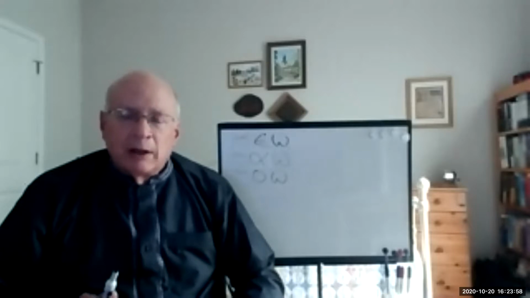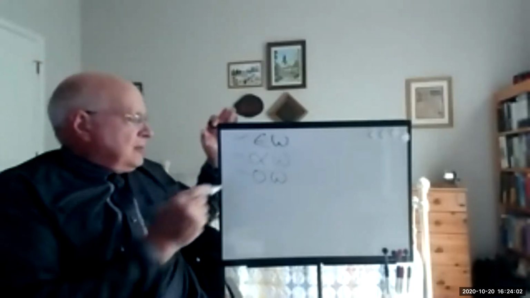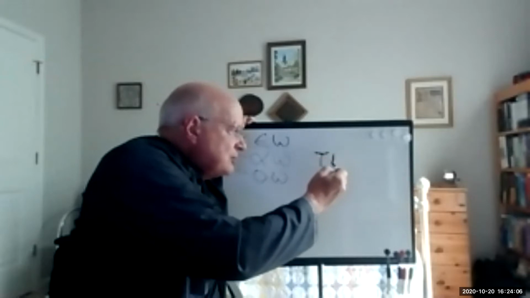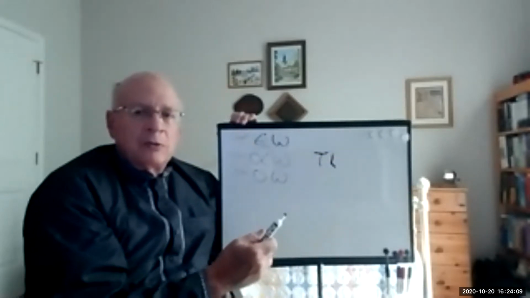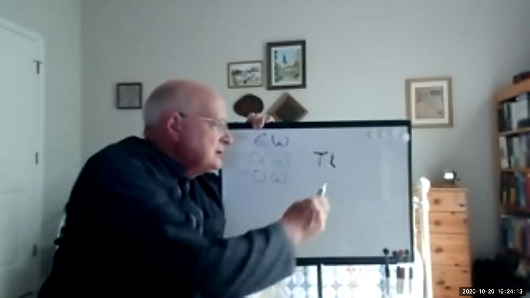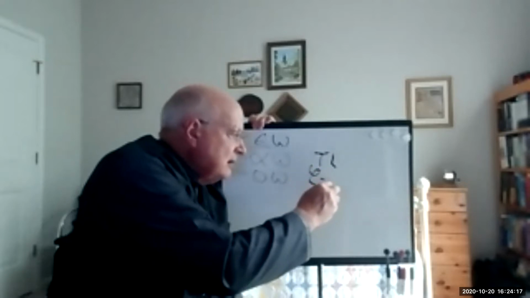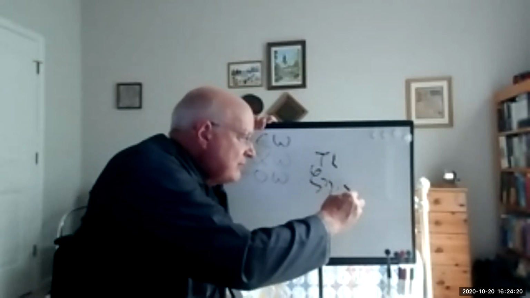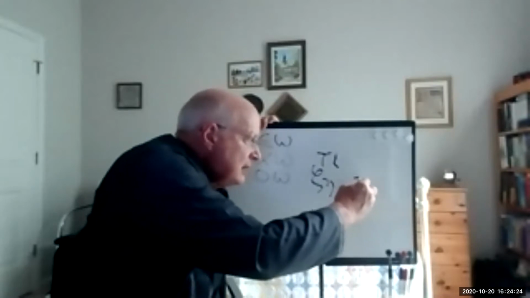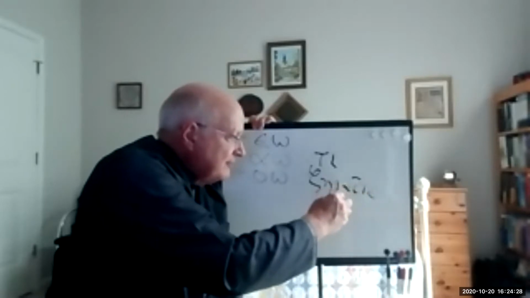I'm not sure why, but rather than do the whole video over, in John 1:38, Jesus asked the question of two men who end up being his disciples, ti zeteite, and we'll put the circumflex accent here where it belongs over the iota.